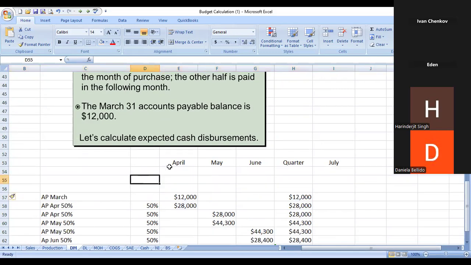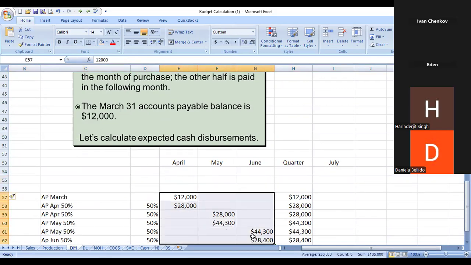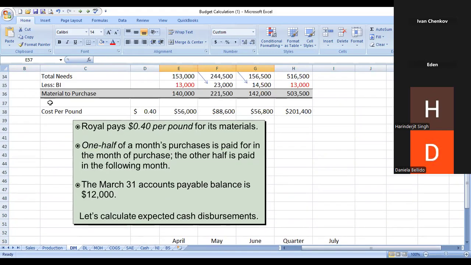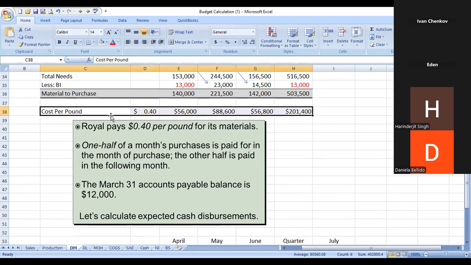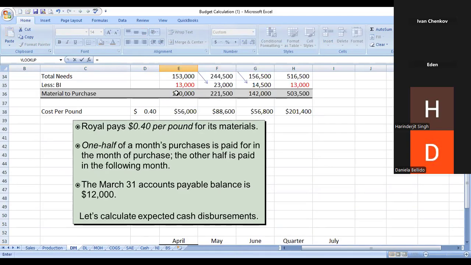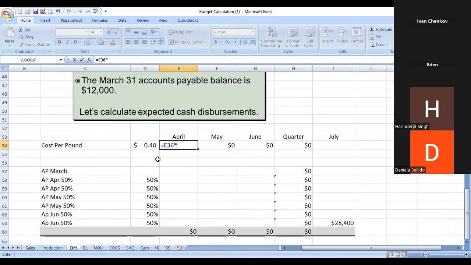So now once we have that, we can start doing the projection of our payments. I'm going to delete those and we're going to come up with this ourselves. So first, we're getting the cost, again, from the material purchase. We're going to get the cost and how much it's going to cost us each month to pay those. That will be our starting point. So the cost per pound is 40 cents per pound, and the total will be again our purchase times 40 cents.